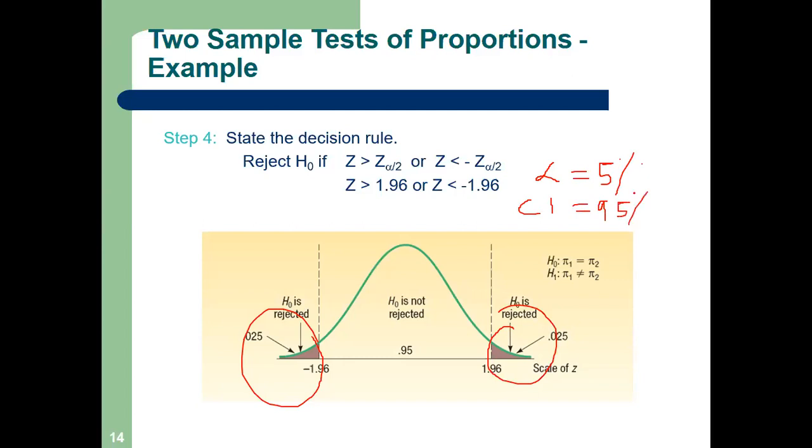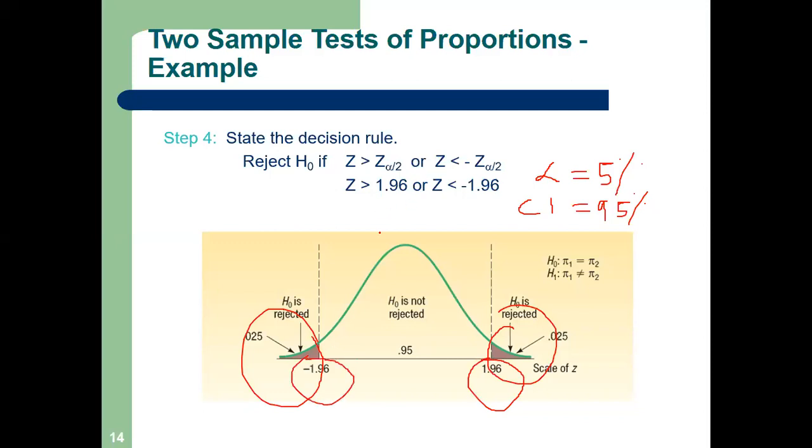I have given you three values, for 99% CI, 95% CI, and 90% CI. What is the value of Z for 95% CI? 1.96. Excellent. So plus 1.96 and minus 1.96.